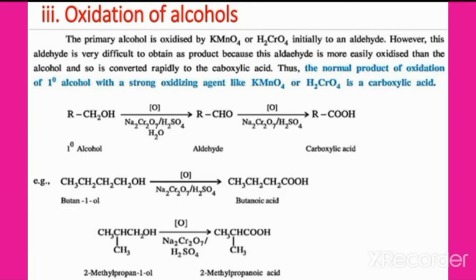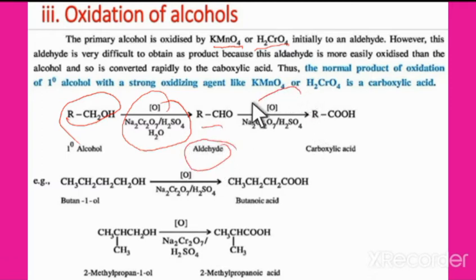Next, when alcohols undergo oxidation in the presence of strong oxidizing reagents like potassium permanganate, potassium dichromate, sodium dichromate, H2CrO4, they give aldehydes, carboxylic acids as well as ketones, depending on the alcohol. When a primary alcohol undergoes oxidation with sodium dichromate and concentrated sulfuric acid, initially it gives the aldehyde.